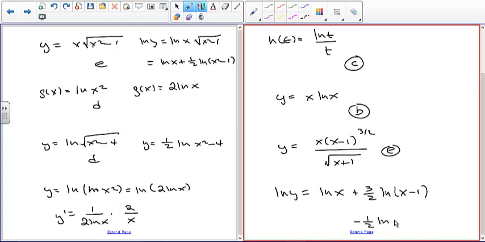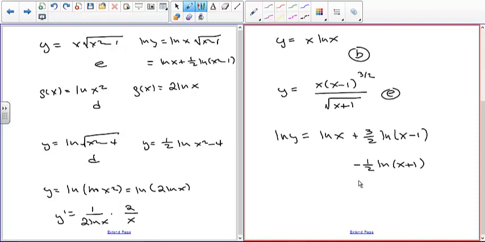So you'd have 1/2 times the natural log of x plus 1. So that would be the simplified version, using the properties of taking the logarithm and then using the properties of logarithms. Okay, so continue on now until 9.